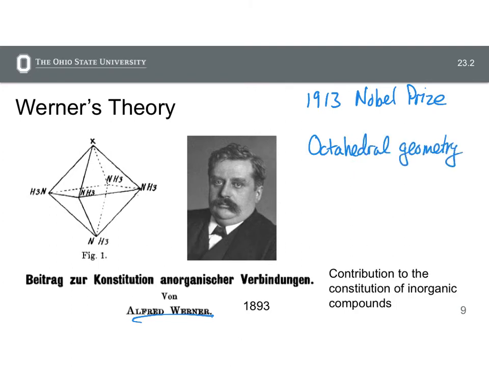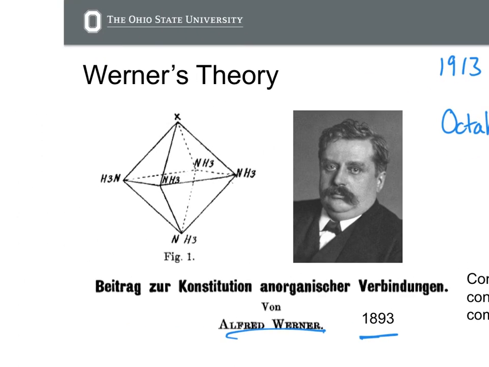That came about in his paper in 1893, written in German, that is titled in English, Contribution to the Constitution of Inorganic Compounds. It's actually a really long paper. This figure comes from it. This is trying to show an octahedral geometry.